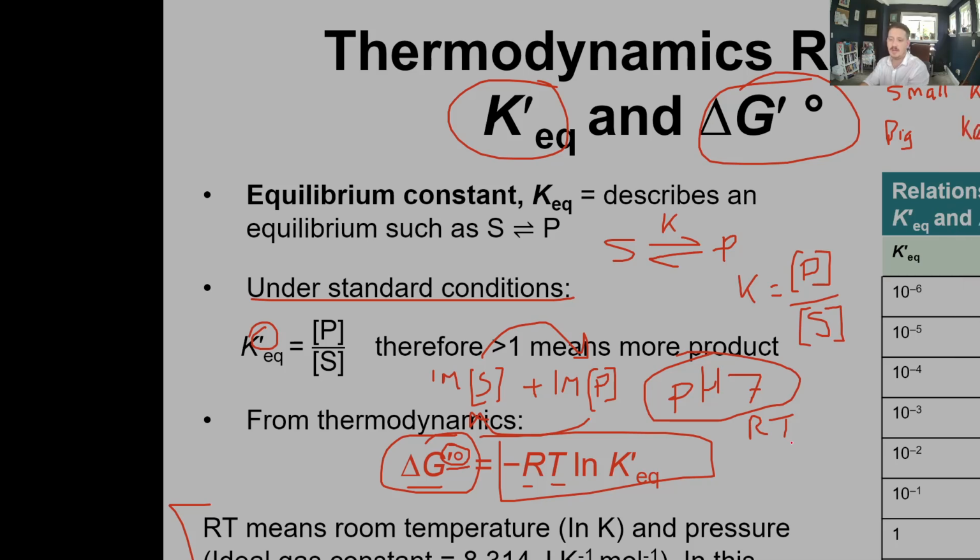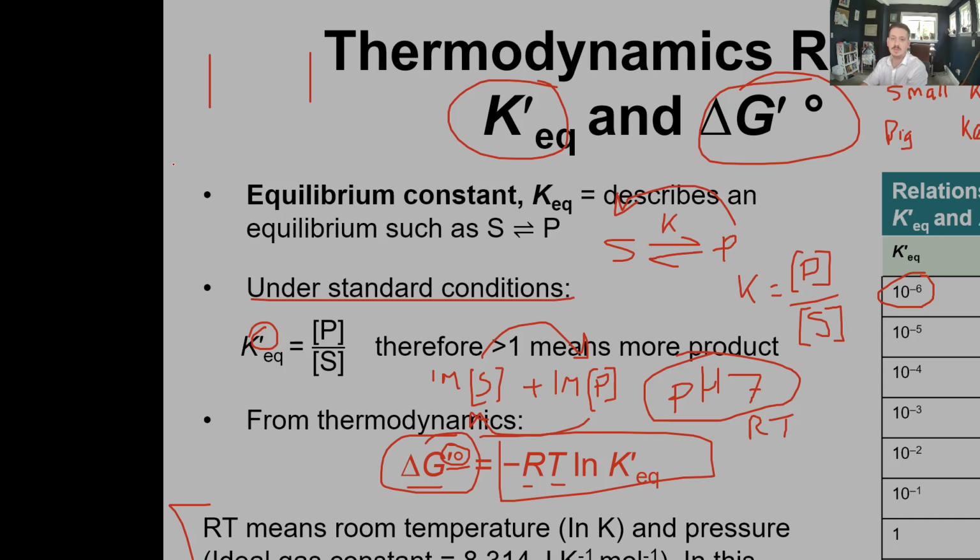Now, if we were to look at this table here. If we have a small KEQ, that's reflecting that actually the reaction went backwards. So you started with 1 mole of substrate, 1 mole of product, and you left it for a while.